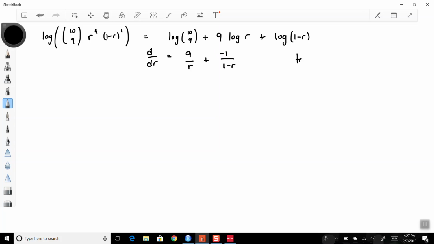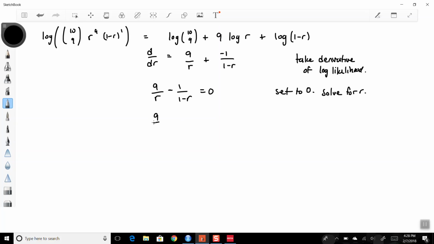So we can take the derivative of the log likelihood. And then, okay, we set this equal to 0. 9 over r minus 1 over 1 minus r is equal to 0. Set to 0, solve for r.